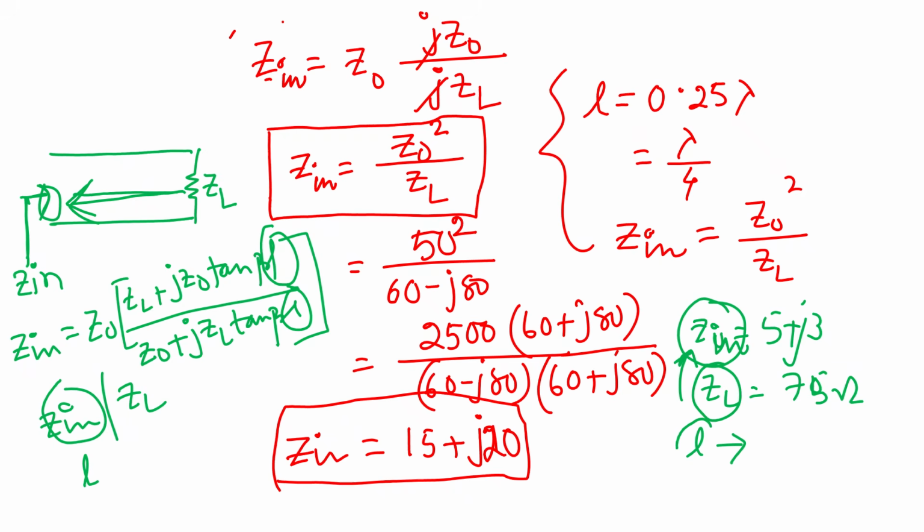So your task will be to calculate L. The question may be asked in two different ways. Either it can ask you to calculate input impedance, in which case you will have to use this complete formula, or it can ask you in the reverse way, where you just need to calculate this L. So these can be the different varieties of this question.